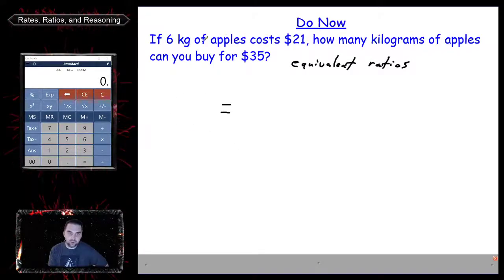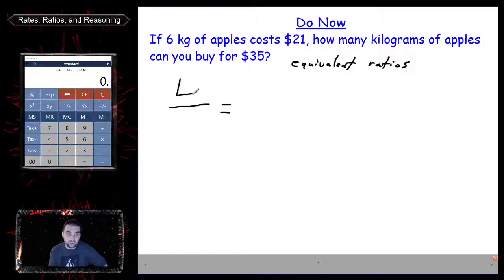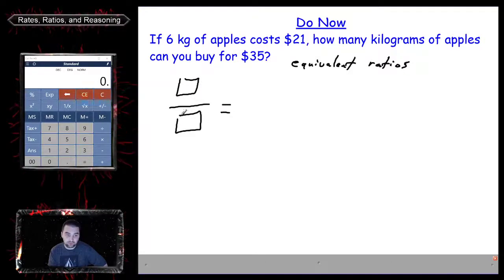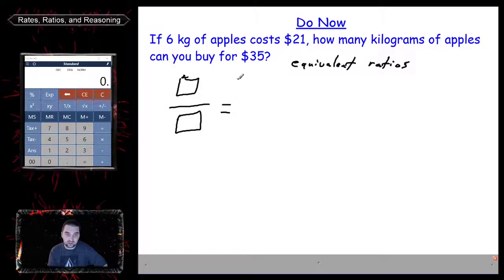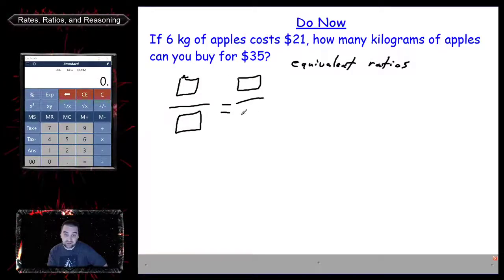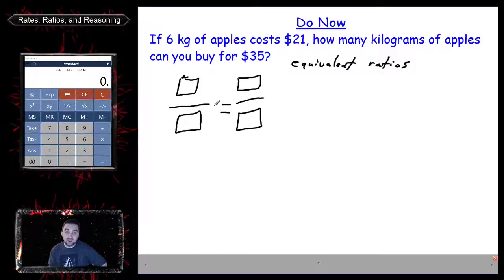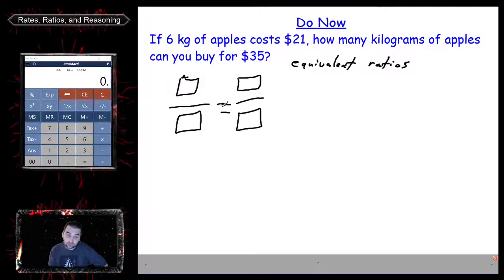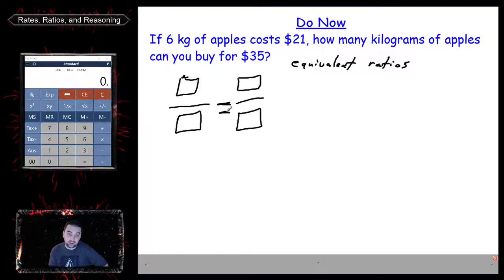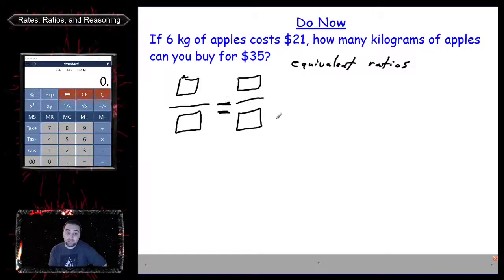So what you're going to do is use this information here to create two different ratios using the information that you have. And there's one piece that's going to be missing, and you need to discover where that is and fill out the rest. Since they are equivalent, you have an equal sign here, which means you can perform operations.